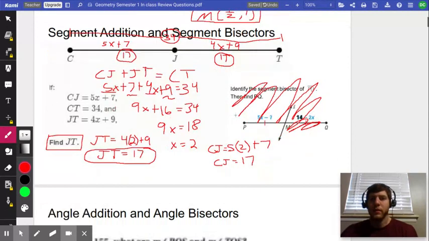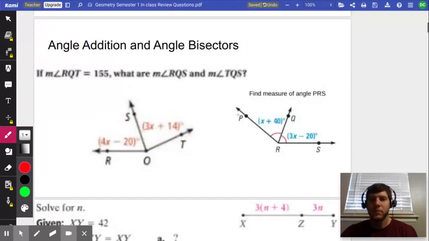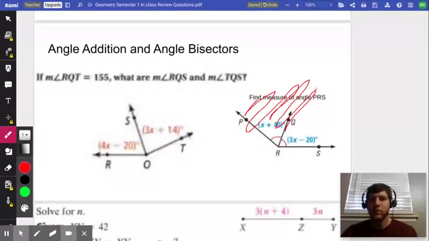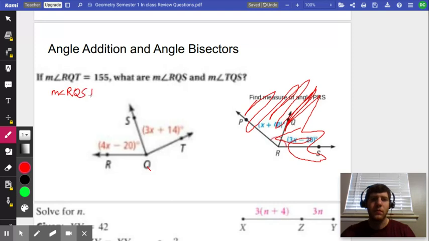All right, next one we did here was an angle addition problem in class. So we didn't do the angle bisector, but angle addition, so the first angle plus the second angle is going to equal the whole thing. So part plus part equals whole. So measure of angle RQS, this should be a Q, plus the measure of angle SQT, or TQS, they use TQS.